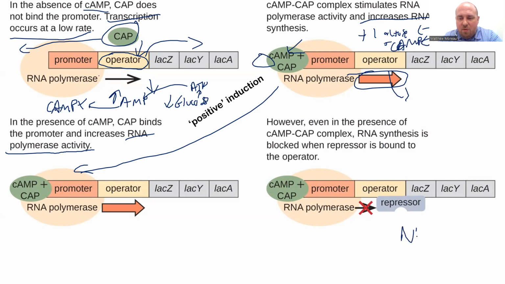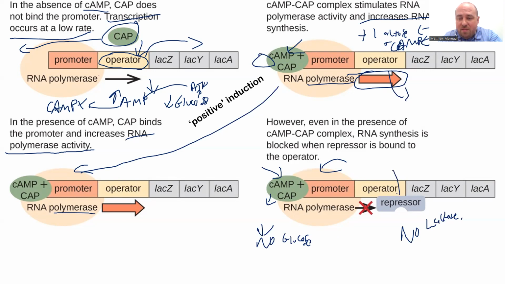So the same system. Now, if on the other hand there is no allolactose, right? So there's no lactose, and there's a high amount of cAMP, that means we also have low or no glucose. That means that you get two different things. cAMP binds to the CAP site, which enhances RNA polymerase binding and would normally increase transcription.